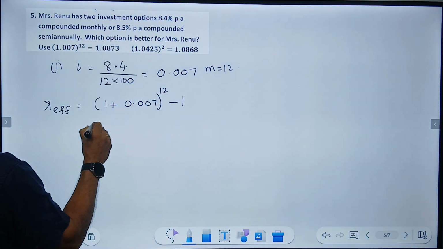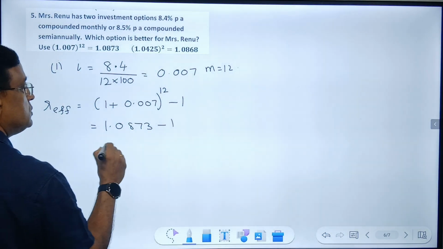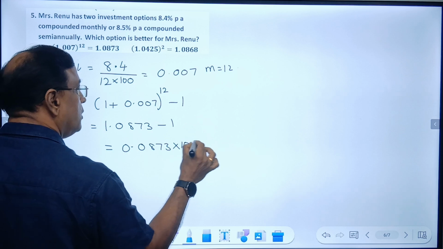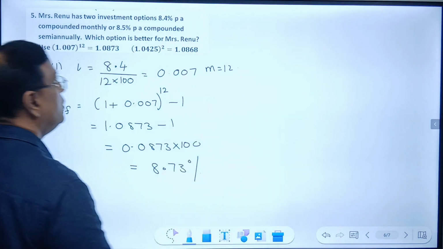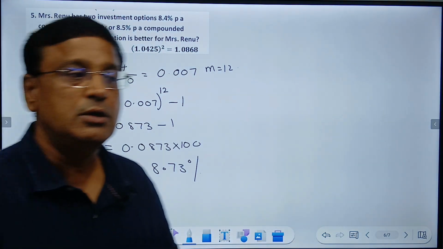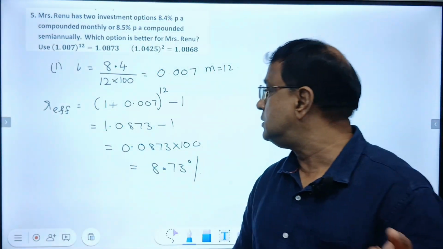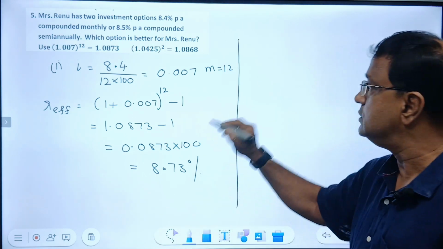You know the value. It is 1.0873 minus 1, which is 0.0873 into 100. So it is basically 8.73%. So the effective rate of interest of 8.4% compounded monthly is actually 8.73%. Okay, that finishes this part.